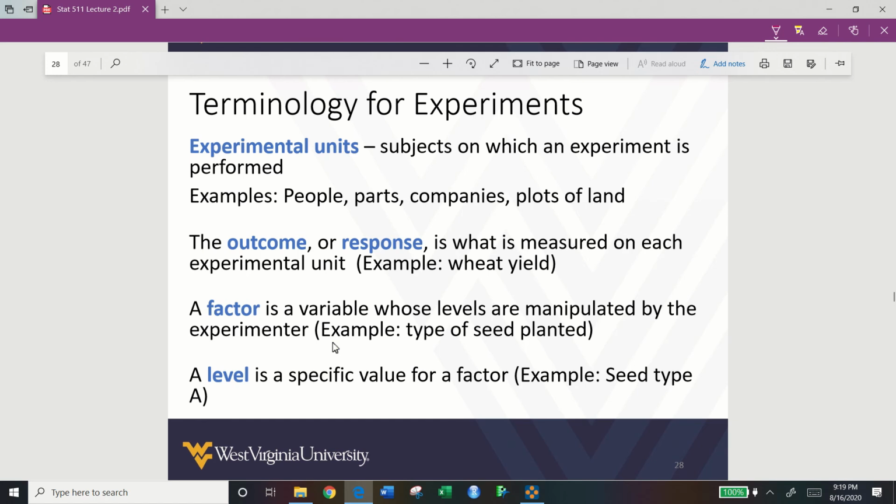A factor is a variable whose levels are manipulated by the experimenter, for example the type of seed planted. And a level is a specific value of a factor, for example seed type A.